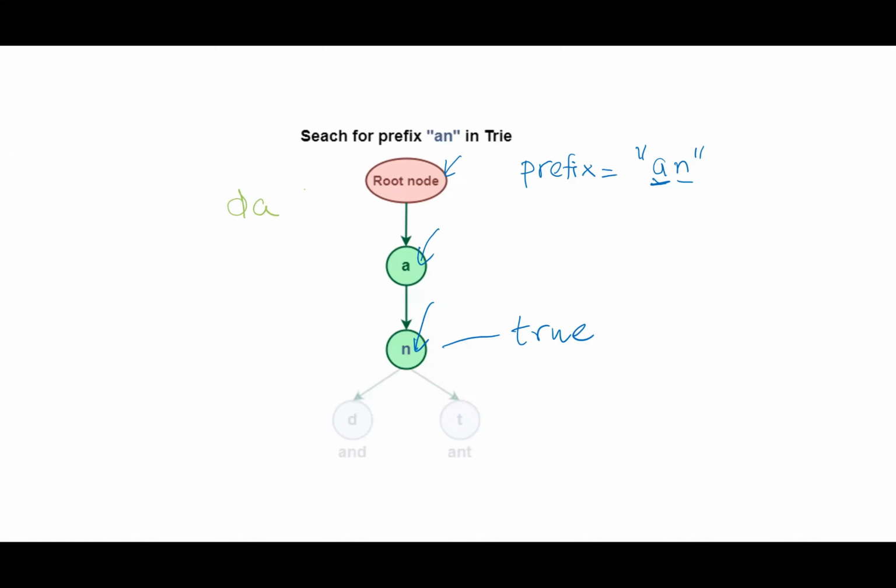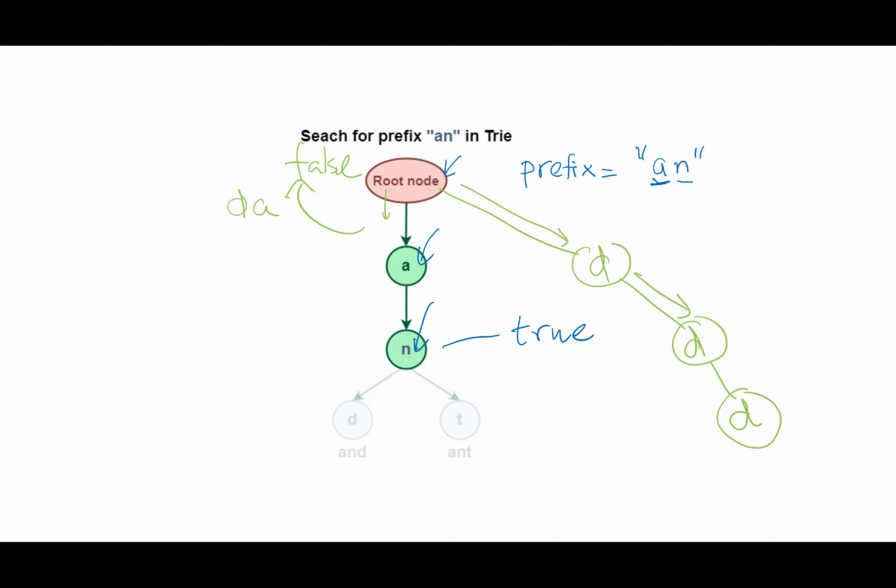If someone looks for DA, it says, oh, I don't have any child with D, so false, right? I don't have to look at everything. Or if I really had a node with DAD, I could just come here and then come here and say, oh, okay, I already found DA, so true, yes.